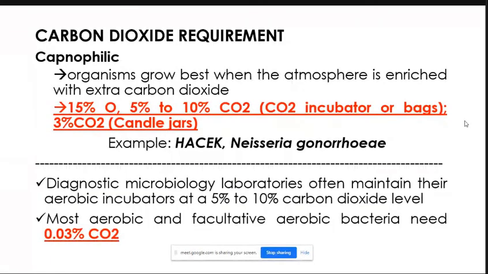Kinchella. So, considering that they are capnophilic, so what type of bacteria are they? Meron kang enriched with na word. Pag nakita mo si enriched with something, whatever, vitamins, minerals, and now enriched with extra carbon dioxide, what type of bacteria are they?